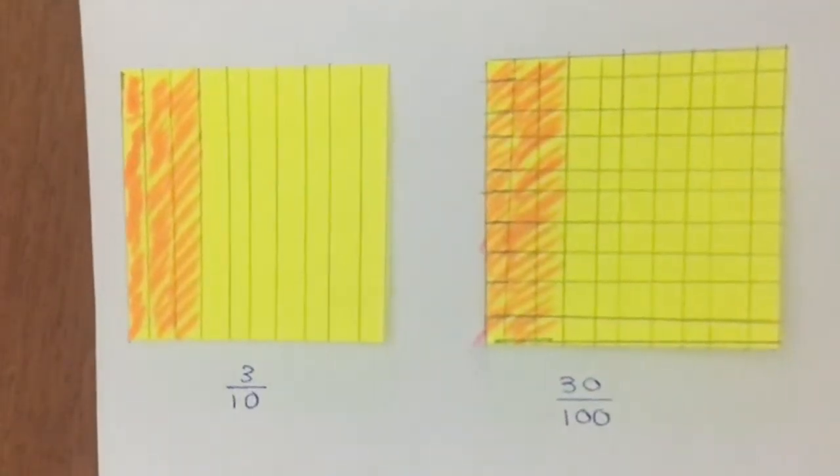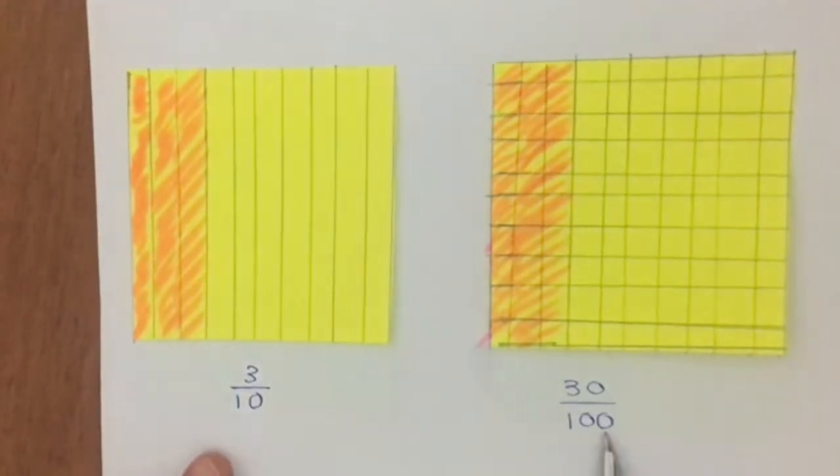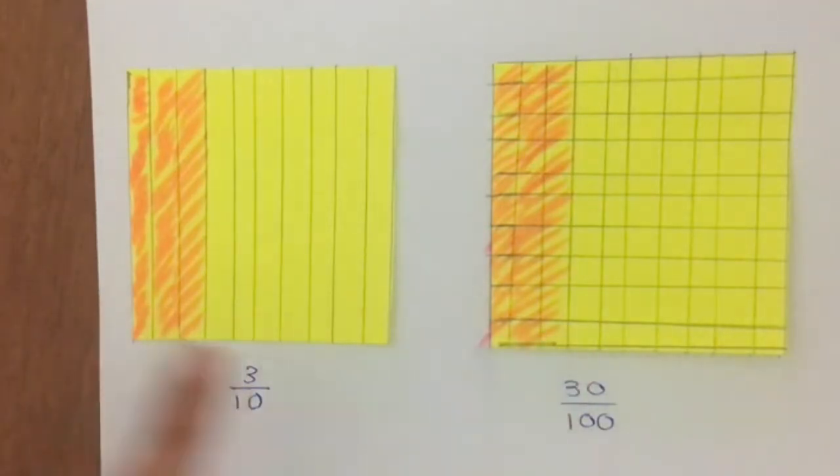But I have the same shaded amount in both. And these two fractions, we call them equivalent fractions because they name the same shaded amount, right? Now, 3 out of 10 is equivalent to 30 out of 100.